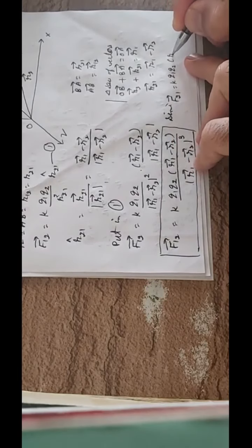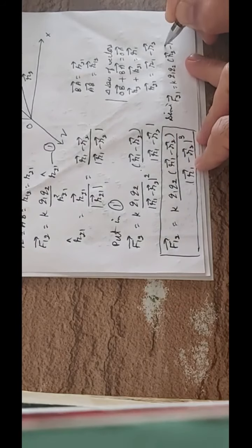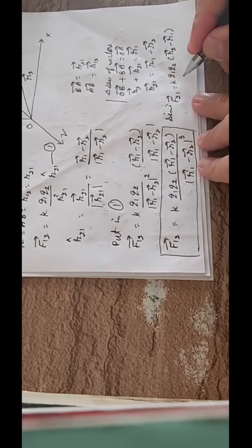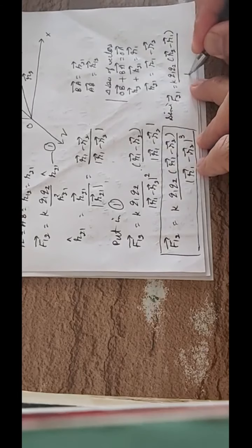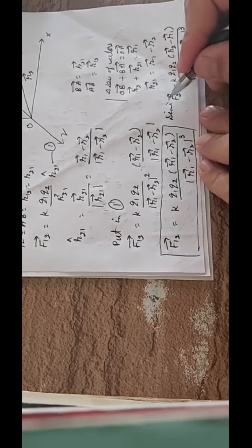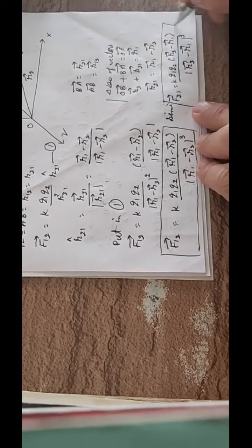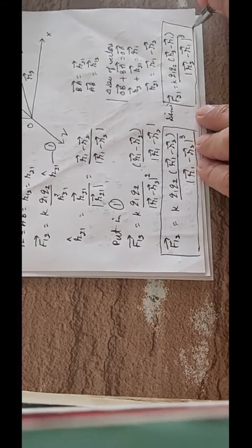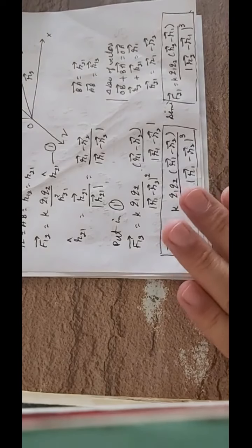In place of R1 I will write R2, in place of R2 I will write R1, divided by modulus of R2 minus R1 cubed. So this is Coulomb's law in terms of position vectors.